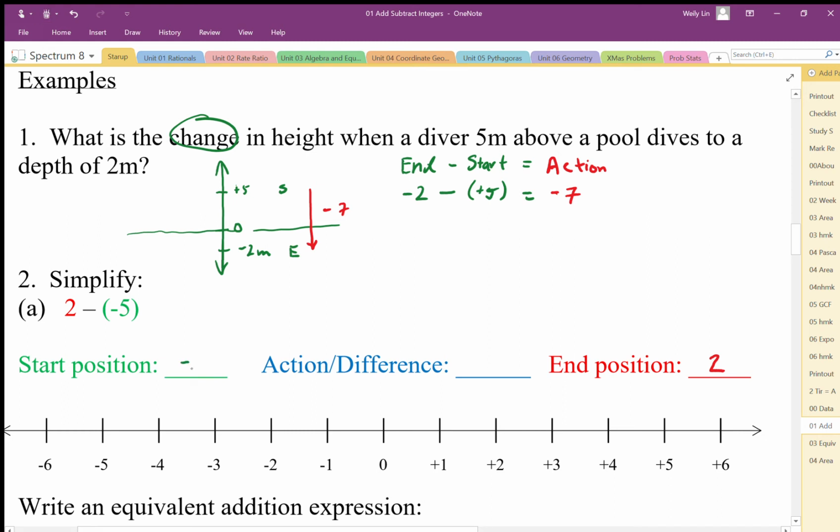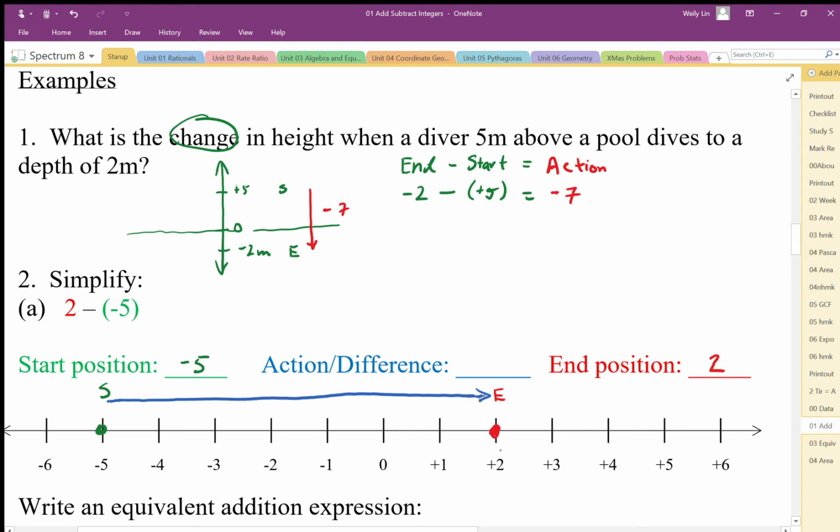-5. If I start at -5, and I end at +2 here, this is my end, the action or the displacement from here to here is going to be in this direction, to the right. And how far did I go?